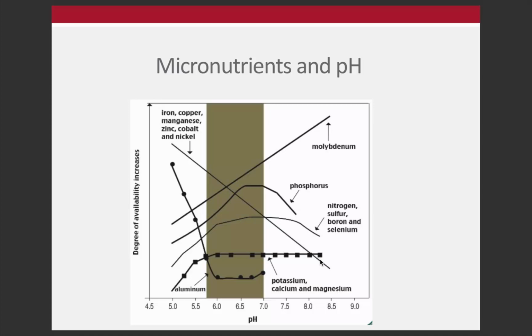That's why it's important to manage pH and keep it within our targeted range, typically between 6.0 and 6.8 for most crops, field crops in particular. Even the vast majority of vegetable crops are managed in that range. It's not the way to optimize any given nutrient, but it's the way to maximize the availability of all nutrients collectively.